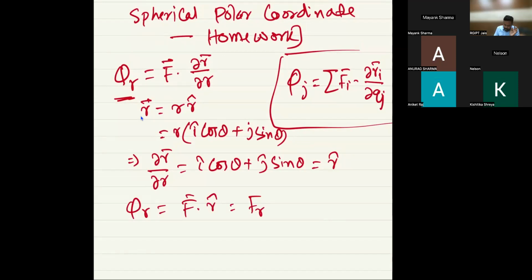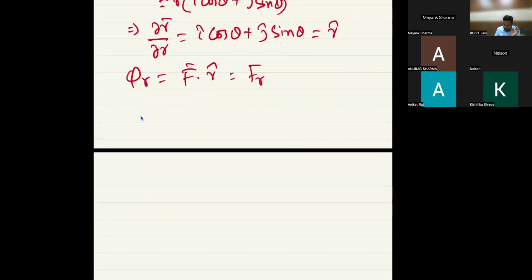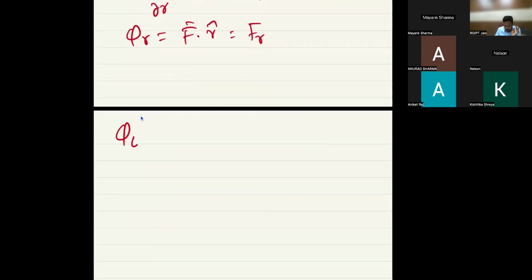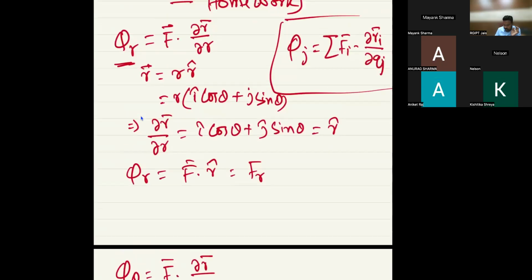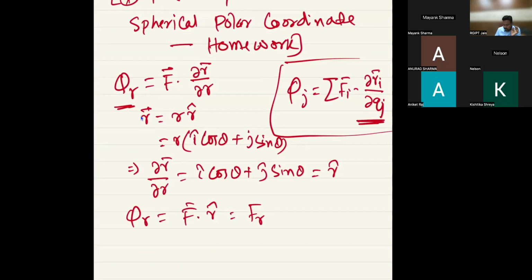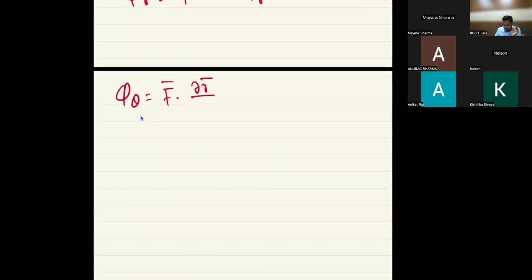Similarly, you have to find the component of force along the theta direction, Q theta. We can define Q theta as F dot del r by del theta, where the generalized coordinate is theta. So now we have to find this expression del r by del theta.